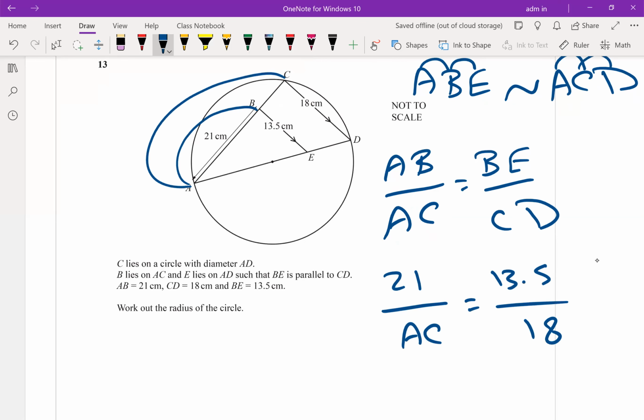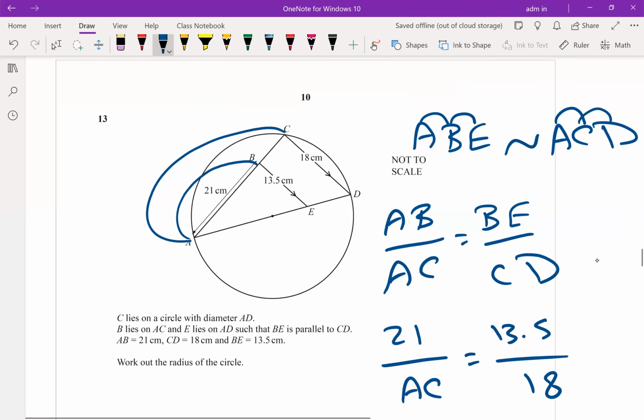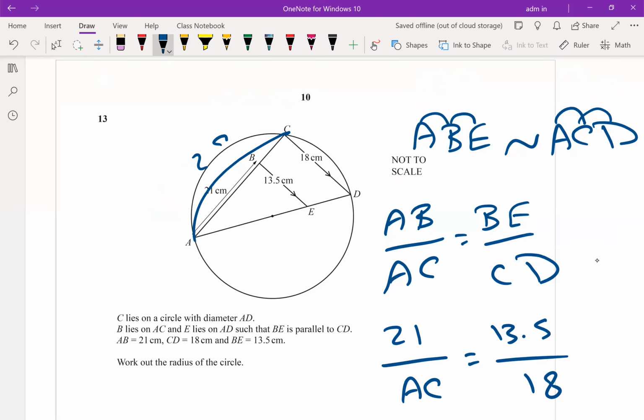How can I find AC? AC is 21 times 18 divided by 13.5. What is the value of AC? 28. This one is 28.